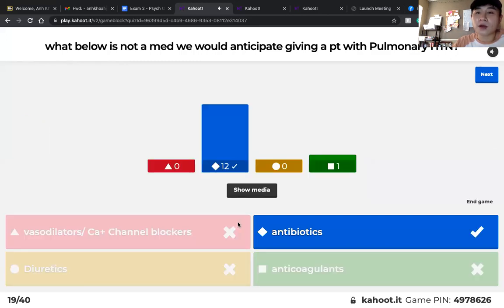All right, so pulmonary hypertension is not caused by infection, so that's why we don't give them antibiotics.